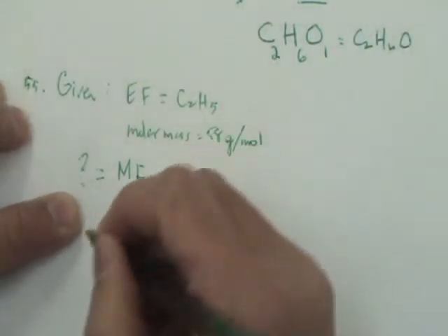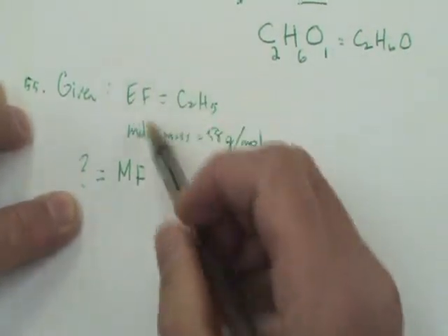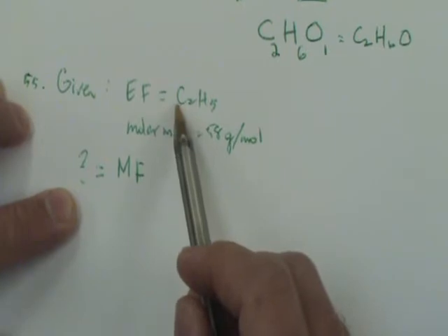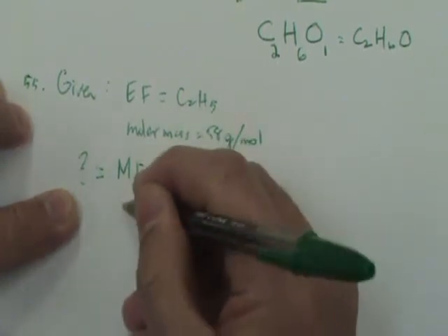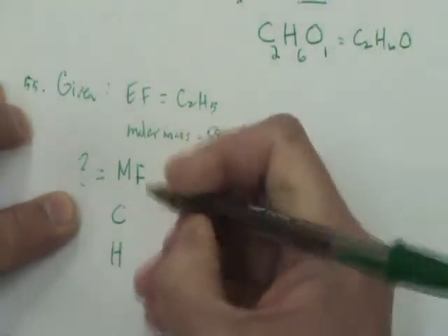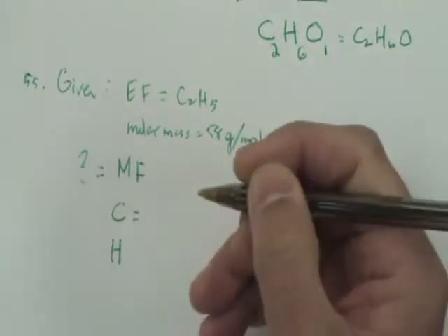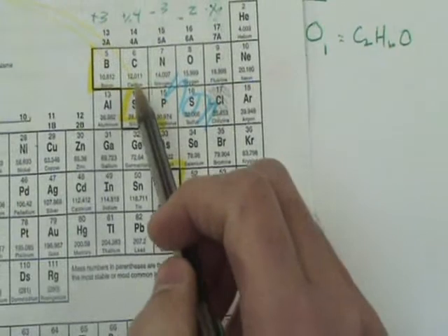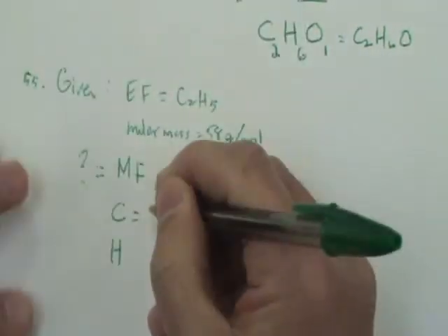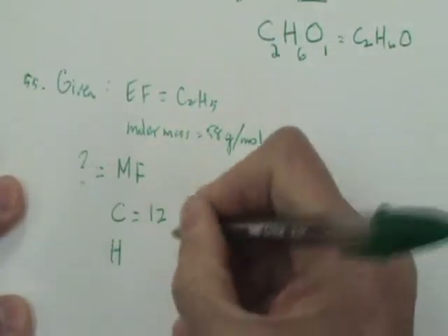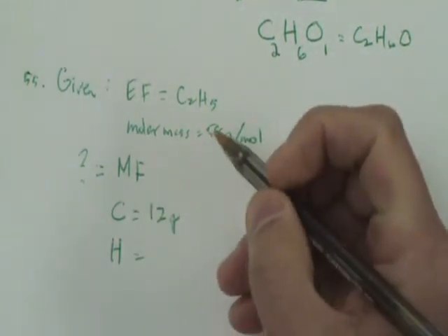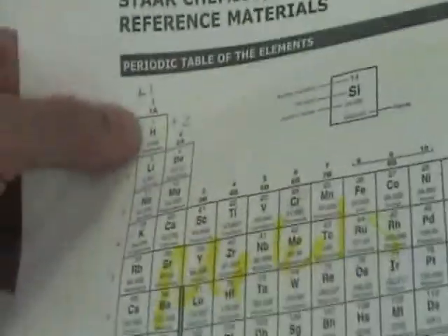Okay, so let's get the molar mass now of the empirical formula C2H5. So again, we break it down. Carbon, going back to the periodic table, that's 12. 1 mole is 12 grams. And hydrogen, we all know that hydrogen is 1.